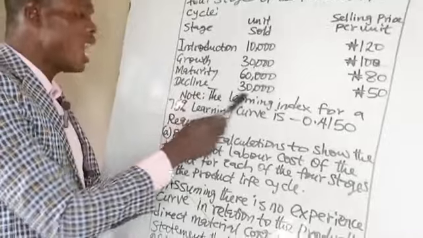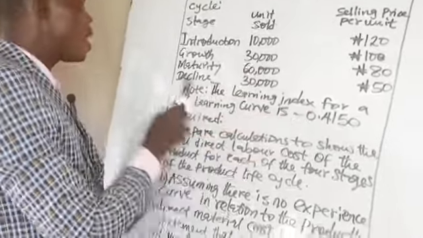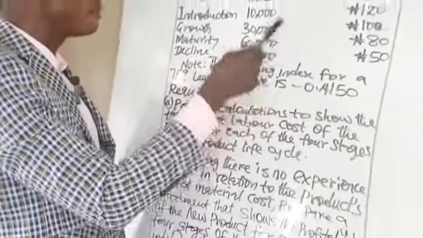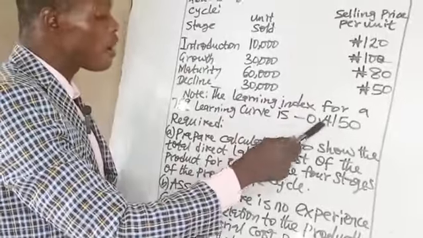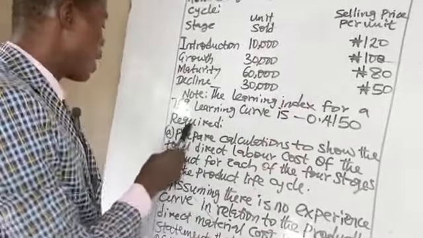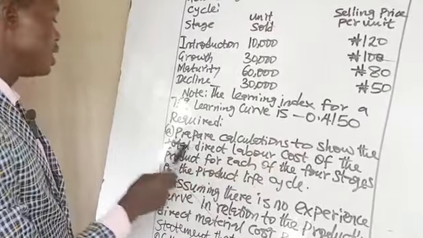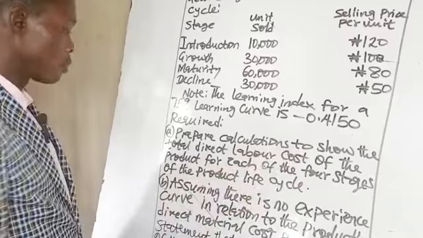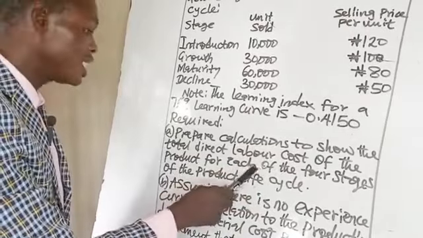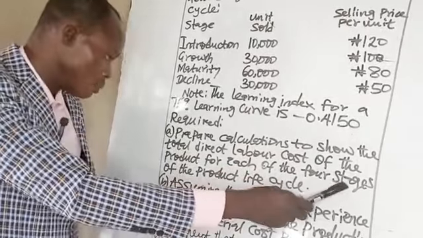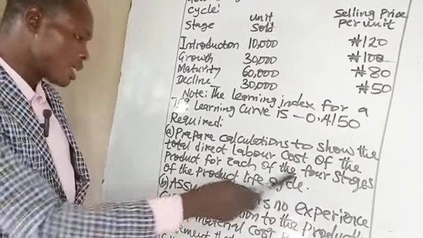Note, the learning index for a 75% learning curve is minus 0.4150. Required: A. Prepare calculations to show the total direct labor cost of the product for each of the 4 stages of the product life cycle.